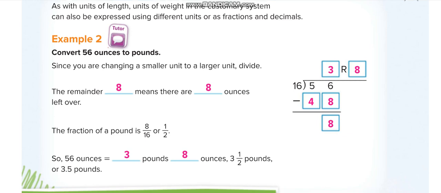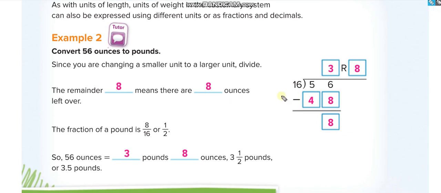The other way of writing, you guys know that you write the whole number like this, 3 whole, and this remainder comes in the numerator. Okay, and this one always comes in the denominator. 3 whole, 8 over 16, and then you will simplify it. 8 is half of 16, so 3 and a half.